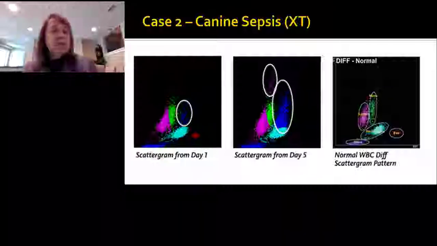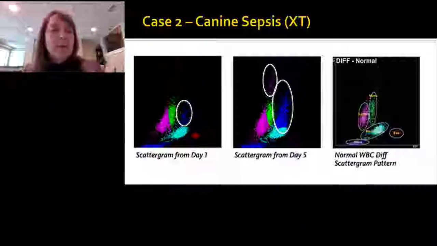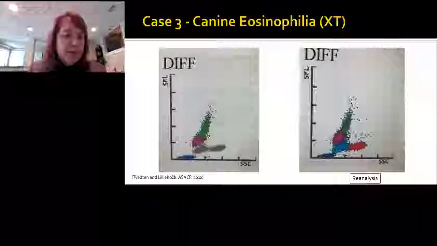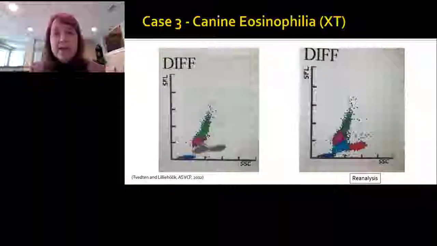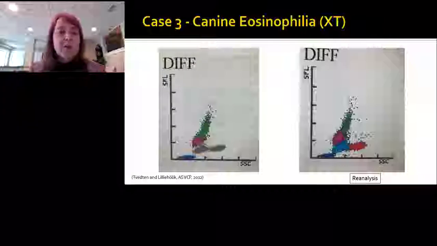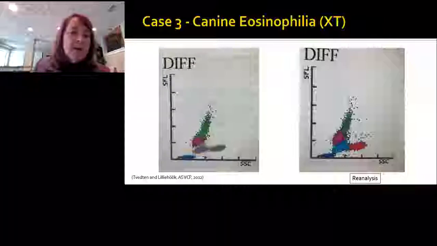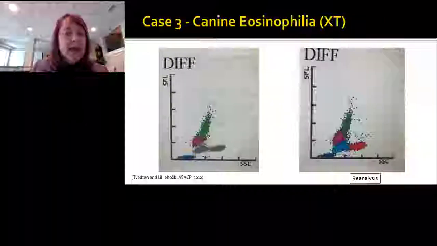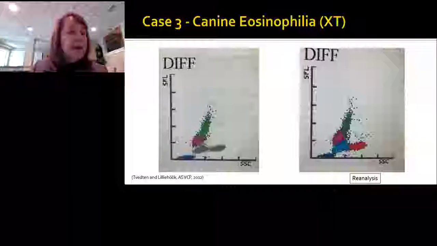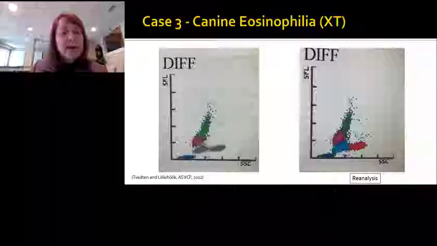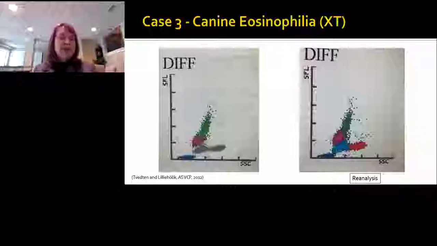All right, next one, again, an ASCP example. And this one I put because I think it has a nice application of what you can do with the Sysmex. This one was on an XT, and this was a dog again, and seemingly pink lymphocytes, green monocytes, and I now have 2 gray populations.